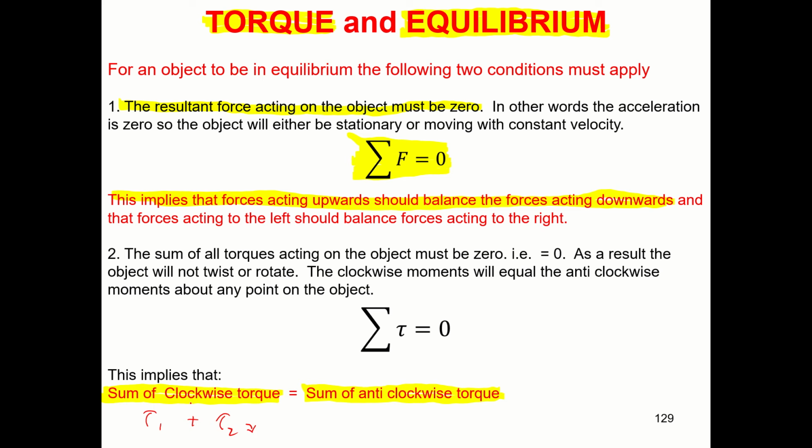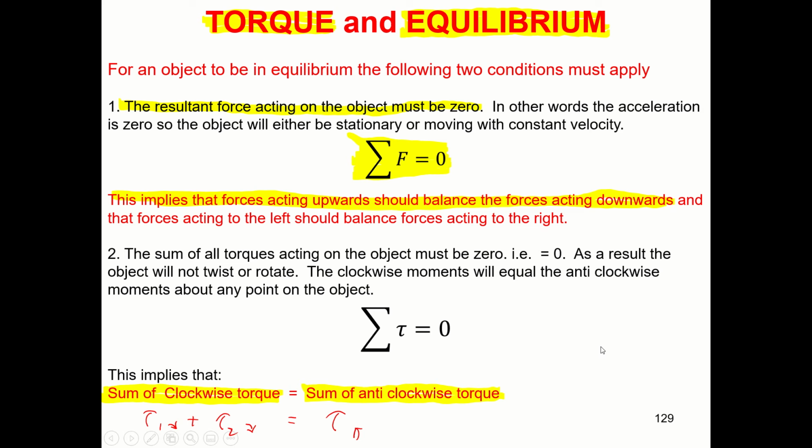If you've got two things trying to spin a seesaw clockwise, they would have to add up to the one torque that's trying to turn the beam anti-clockwise. And so then you could go force times distance for the first torque plus force times distance for the second torque, and that must equal force times distance for the anti-clockwise torque.